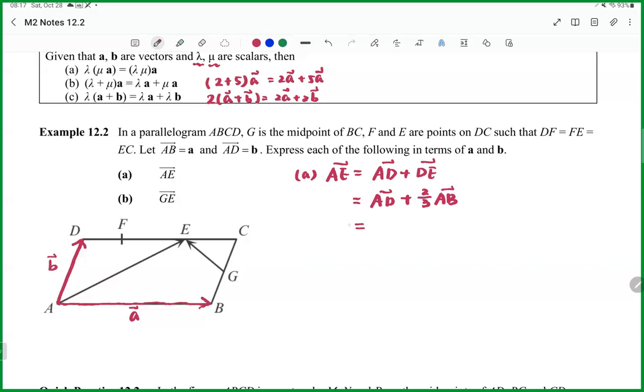So this is expressed: it's B plus 2 over 3 A. Okay.